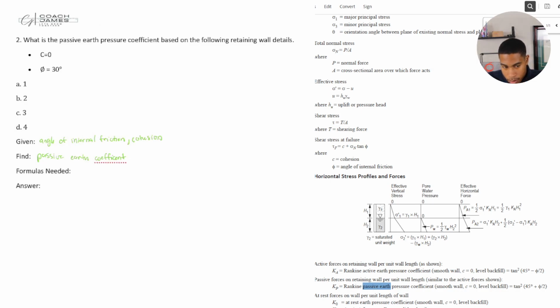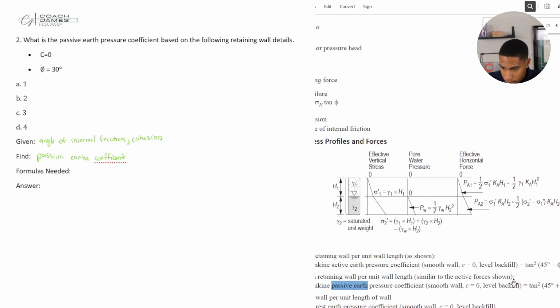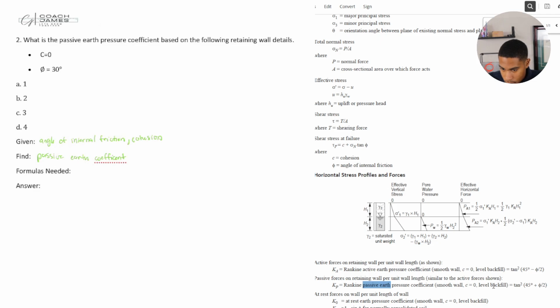Now the formula that we would need is Kp is equal to tan squared of 45 degrees plus phi divided by 2. So this one is kind of similar to the problem we did before, where we were solving for the active earth pressure coefficient. So formula needed, just copy it from the handbook.